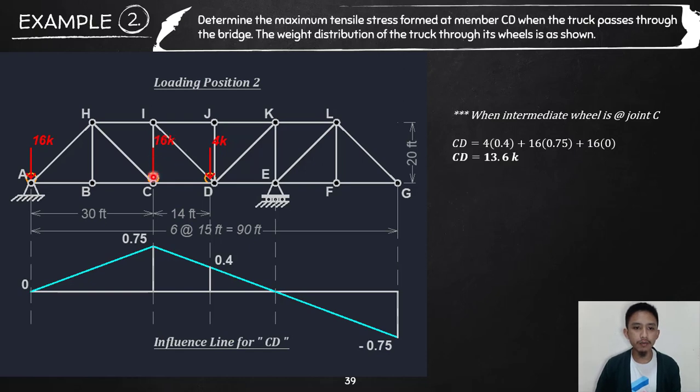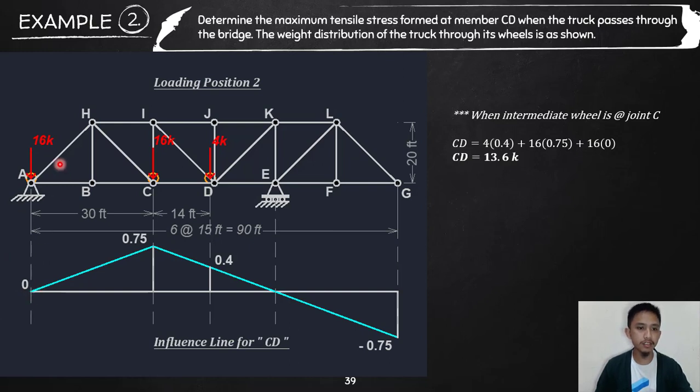If your intermediate wheel is at joint C, your front wheel will still be 14 feet from C going forward, so that will not be located exactly at joint D. We need to project that one, and again by ratio and proportion, this is 14 from the height and 16 from the 0 point, so that will still be 0.4. However, this time your rear wheel is already within the coverage of the truss. However, if you project that one, the ordinate will still be 0.